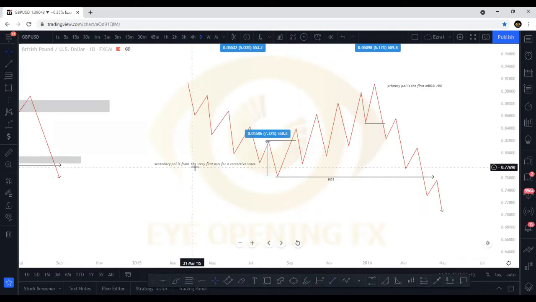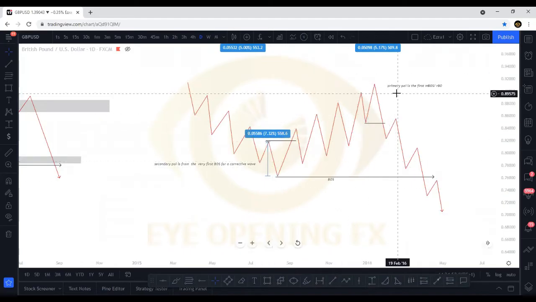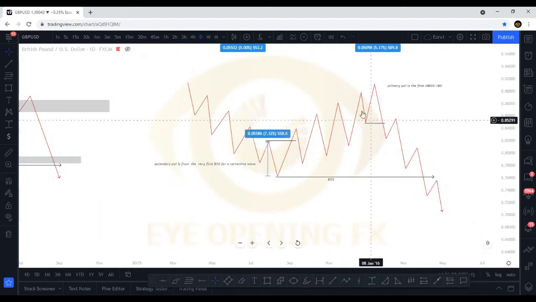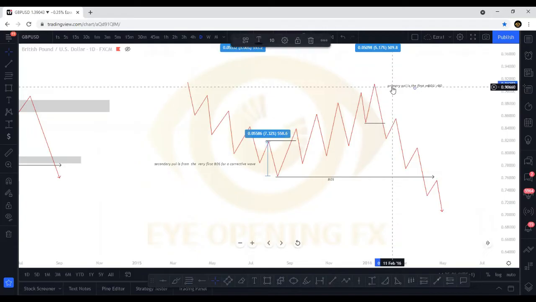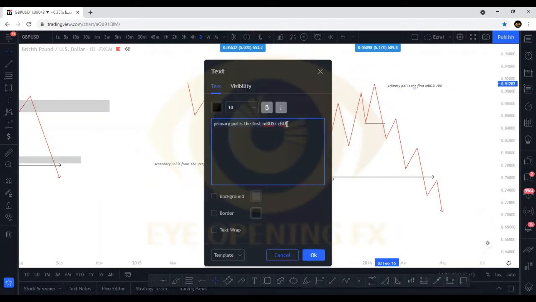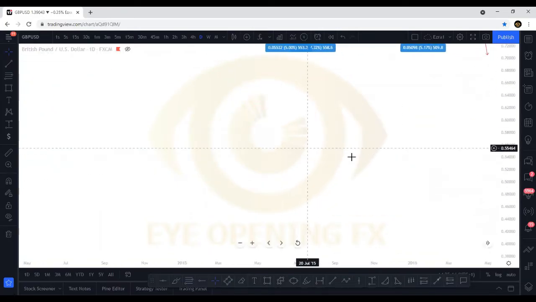So secondary point of interest is from the very first break of structure for a corrective wave, while primary point of interest is the first minor break of structure, or range structure break. So this is in a downtrend.